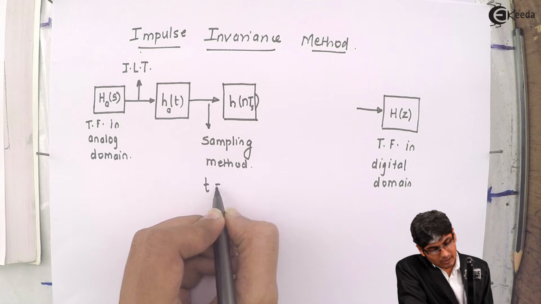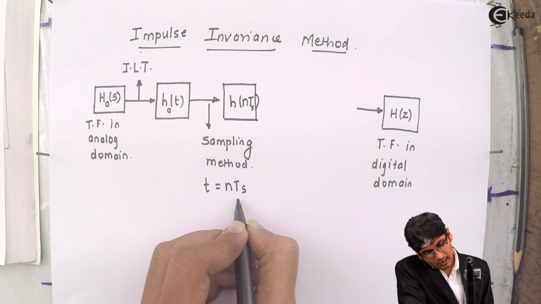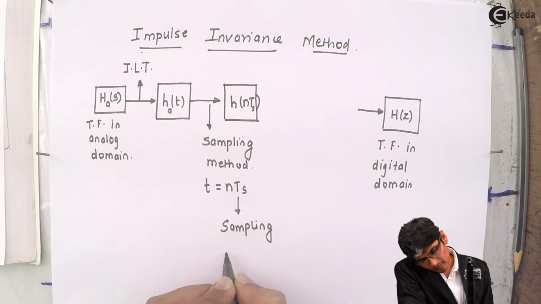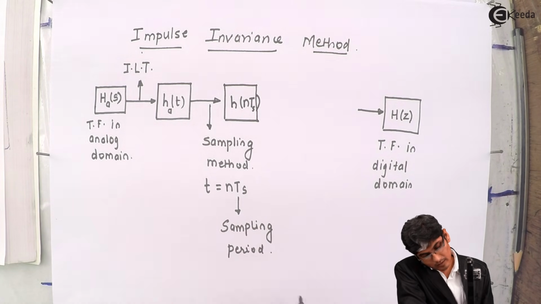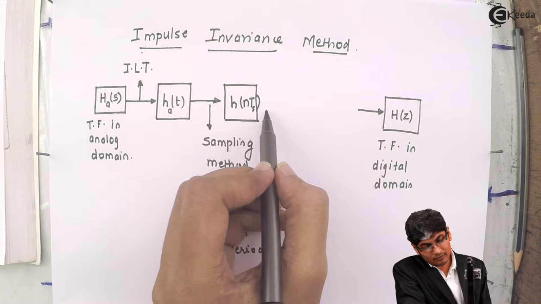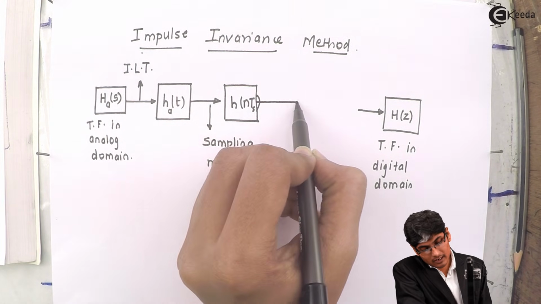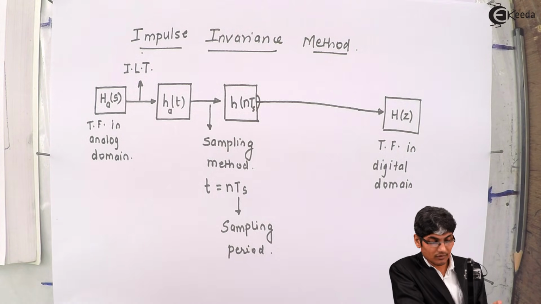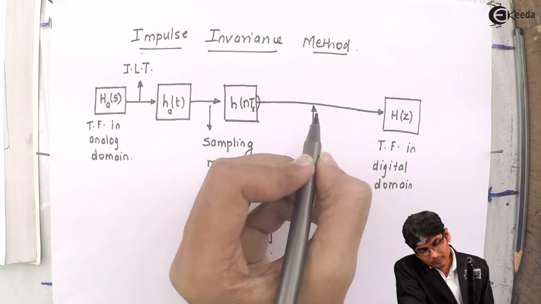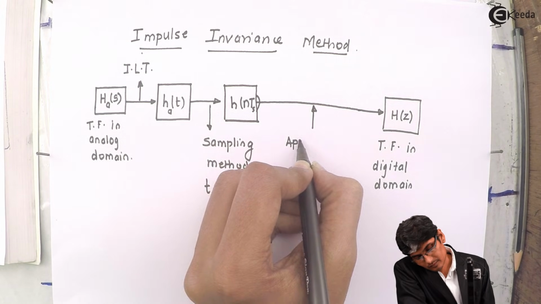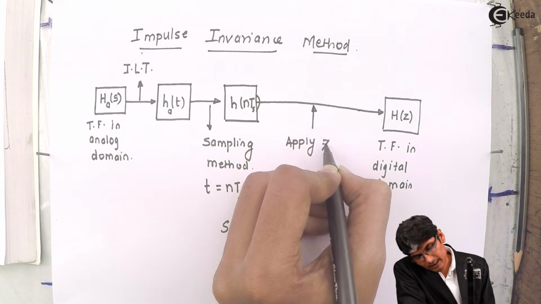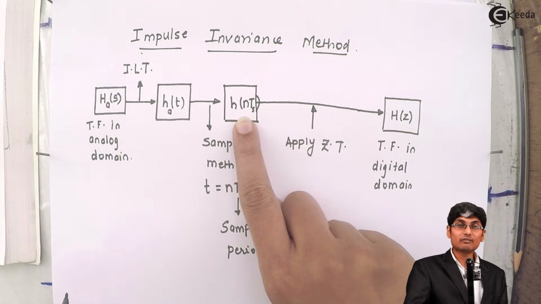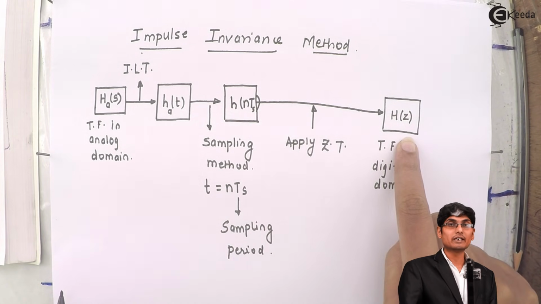That means we are replacing t by nTS, where TS is called the sampling period. After getting H of nTS, I will be getting H of Z. How will I get H of Z? I have to apply Z transform.